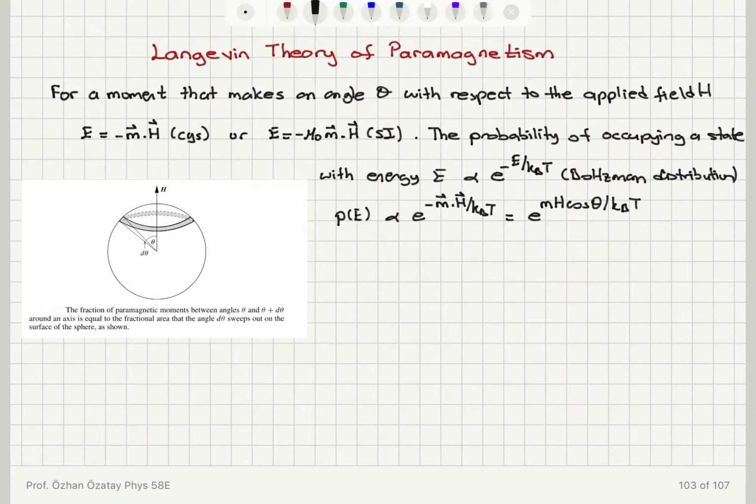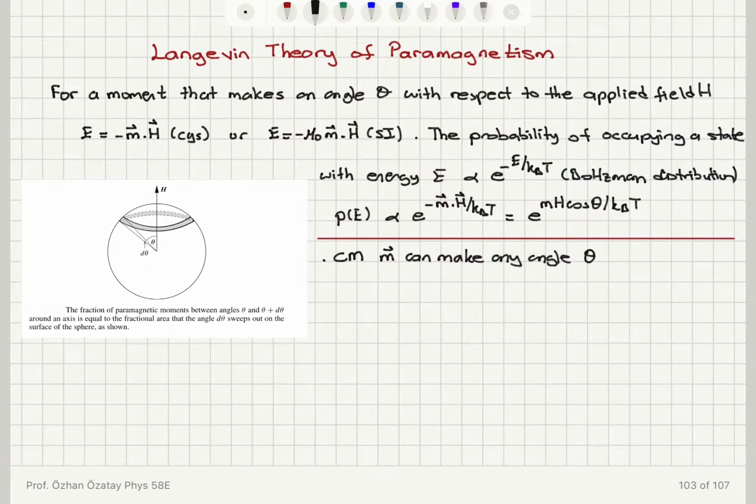So we're interested in how this angle theta is distributed. So let's leave this for a moment and think about the angle theta. We know that in classical mechanics, the moment m can make any angle theta with respect to h.